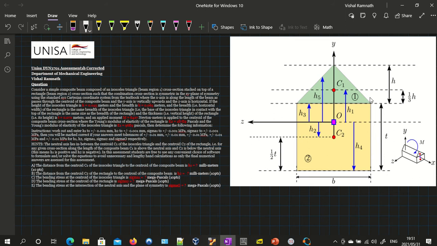What we do is we express all of these heights in terms of a single variable, and I've chosen h2 as the variable.